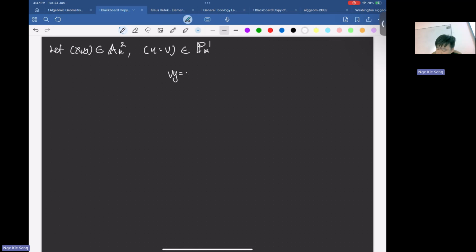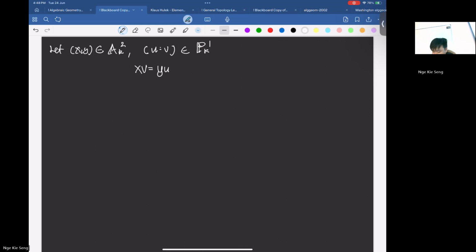Am I right? No, it is the other way around. What are the definitions? If this is u and this is v, then the equation should satisfy xv equals yu.